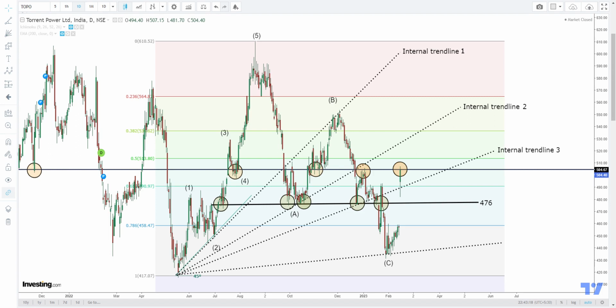Now, if you see today, this particular wick was consolidating or confluencing with the golden ratio 61% and this internal trend line 3. It came back, took a support somewhere here from the same area, and again it closed above.